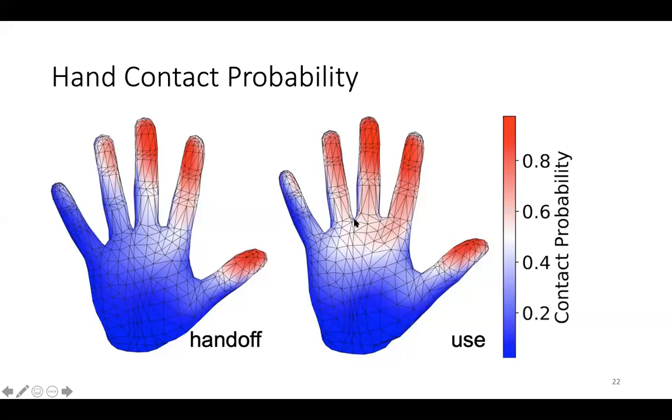And this also intuitively makes sense because if you're handing off some objects, it is very simple to just grasp it from the top using your fingertips and give it off. Whereas for using, we already have well-established methods of contacting particular regions of the object to be able to use that object. So that requires contact in many different areas of the hand.